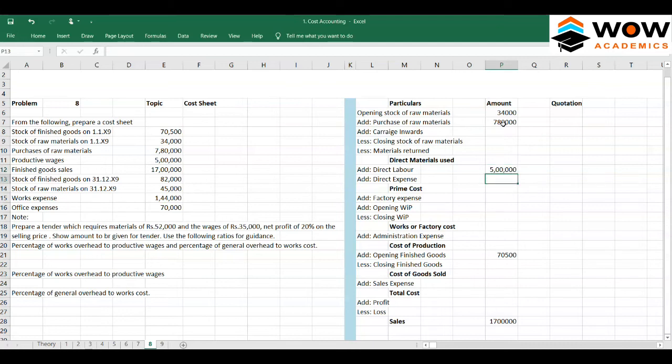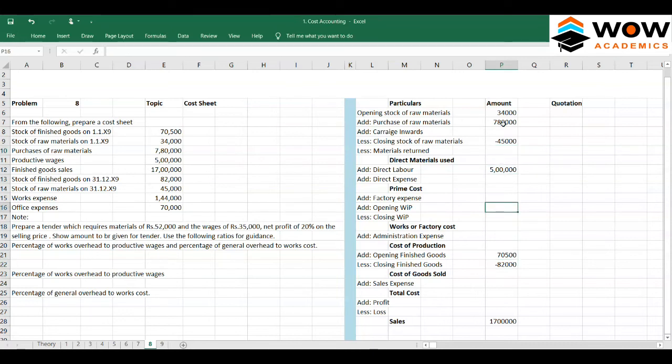Stock of finished goods, so this is the closing stock of finished goods, that is 82,000, and raw material closing stock is 45,000, and works expense is 1,44,000.